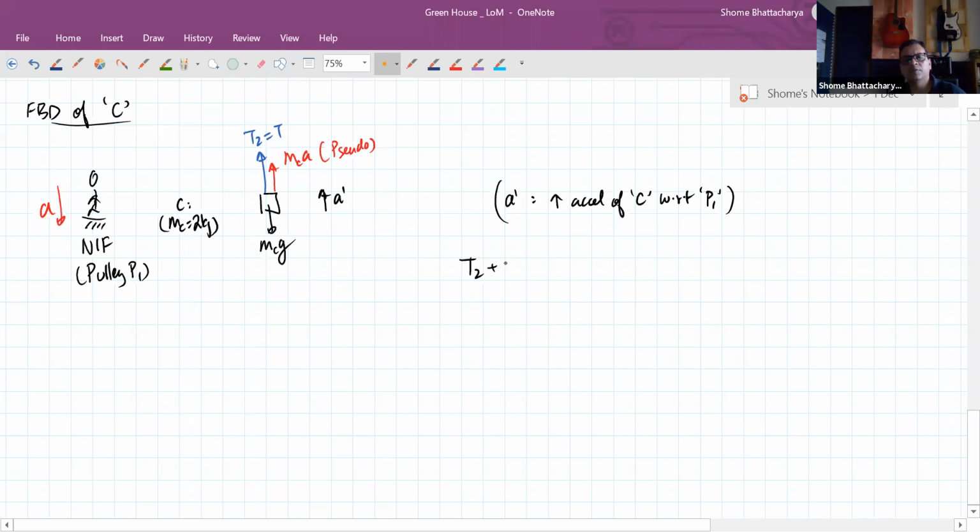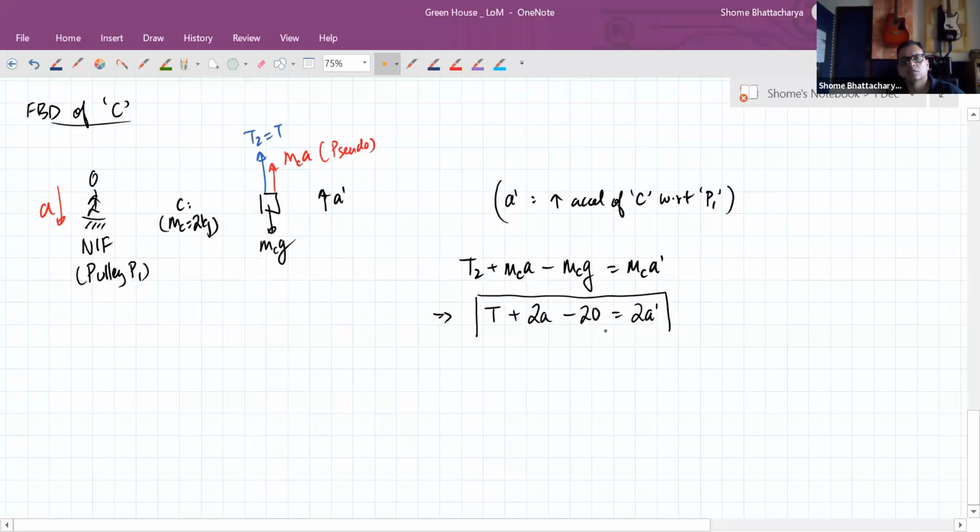So T2 plus the pseudo force minus the weight of the block should be equal to mass into acceleration. So we'll directly write this as T. So T plus 2A minus 20 is equal to 2A prime. So this is going to become our fourth equation.